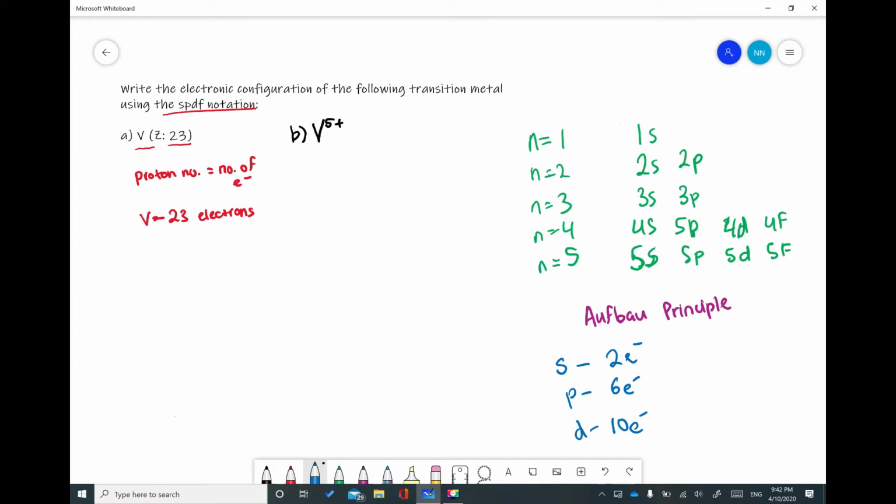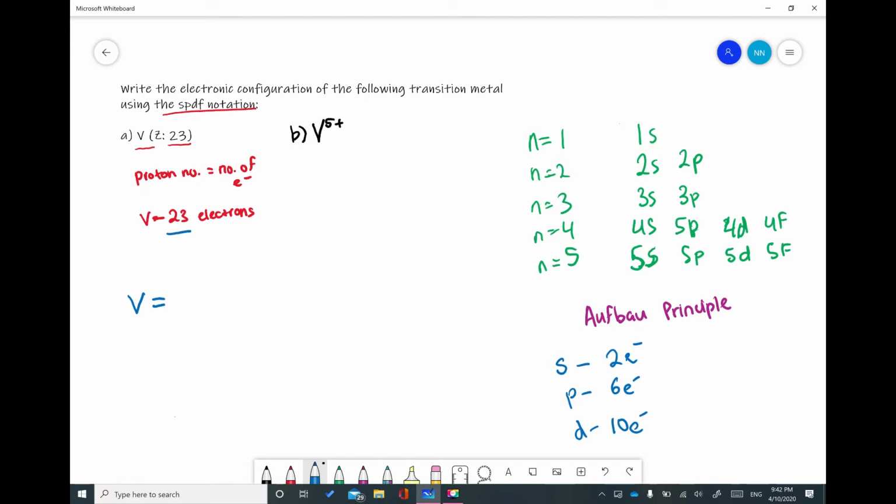We have to know how many electrons there are in the element in order to arrange them in the spdf notation. So we have 23 electrons, so let's arrange them.